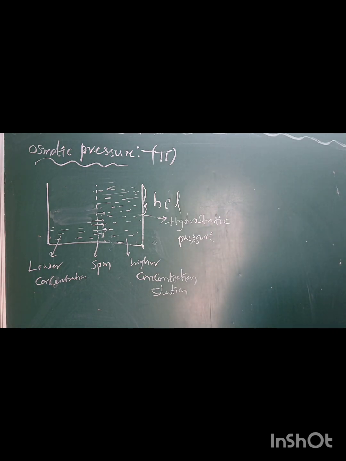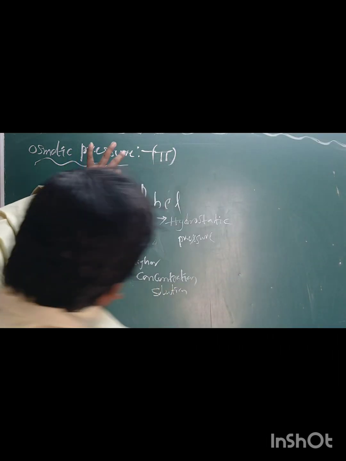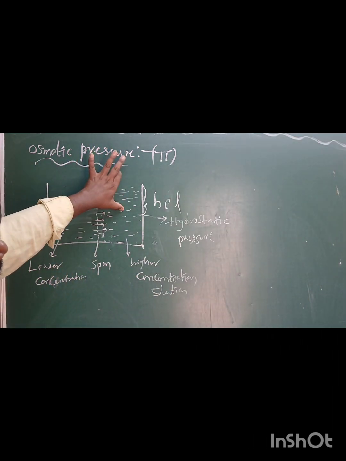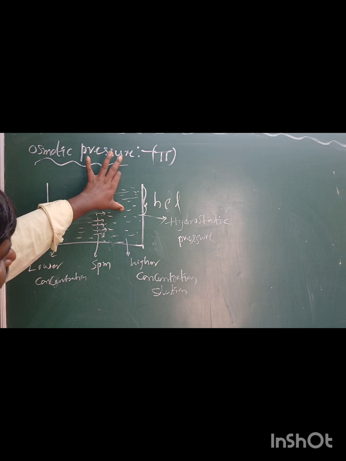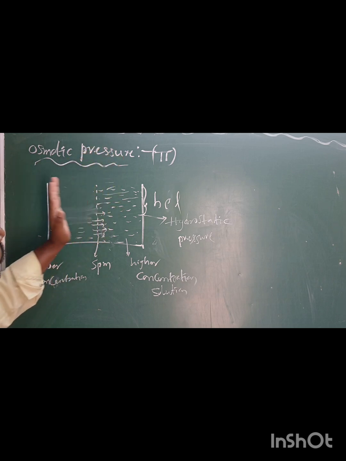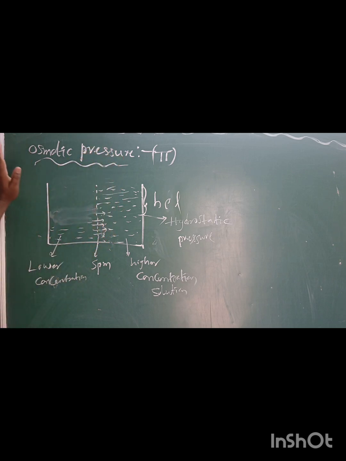One more definition: the excess pressure which must be applied to a given solution in order to increase the vapor pressure until it becomes equal to the solution side. Means simply, the pressure is developed on the higher concentration solution side to just stop the flow of molecules from lower concentration into higher concentration through the semi-permeable membrane.